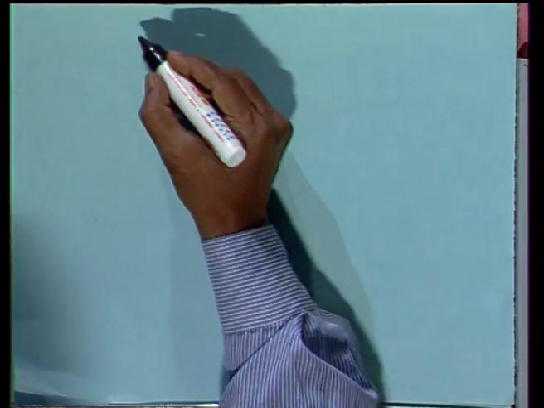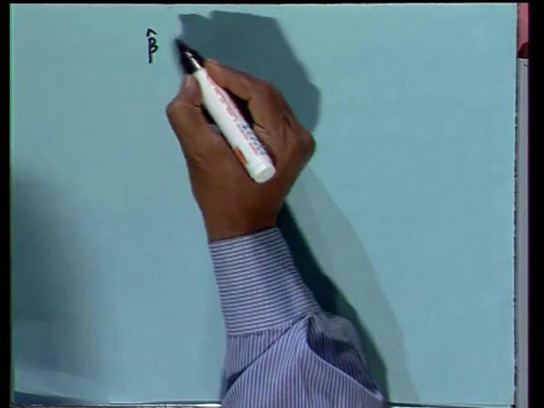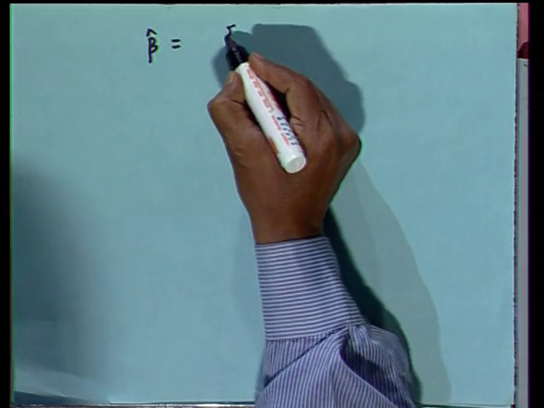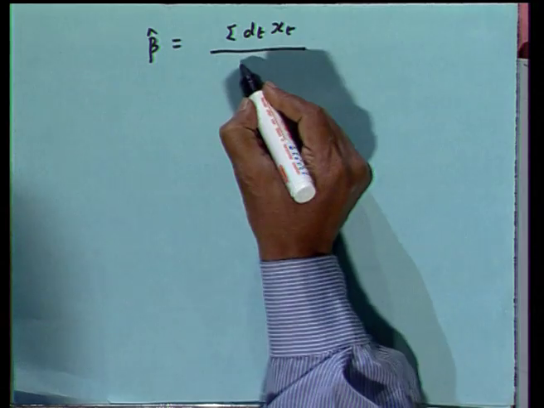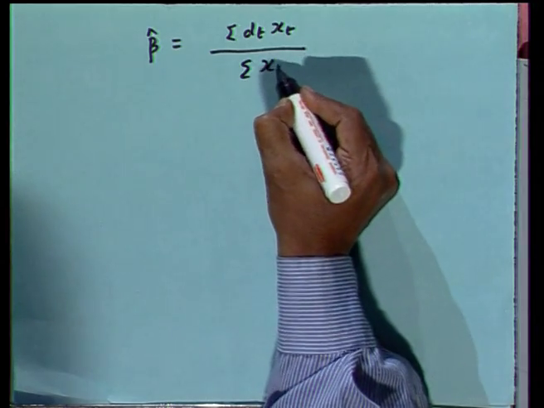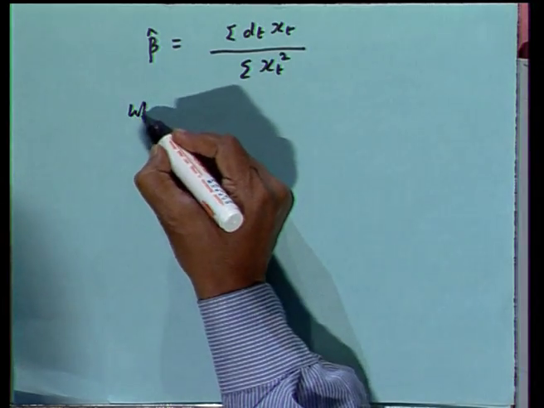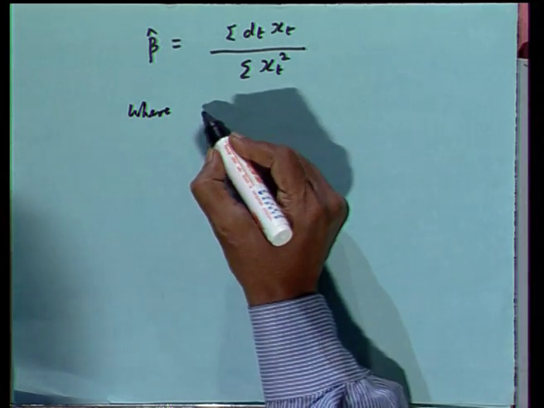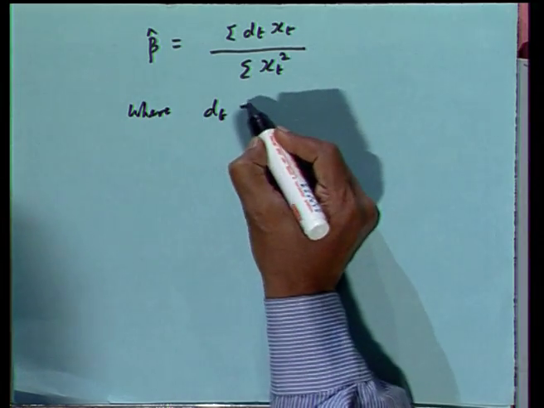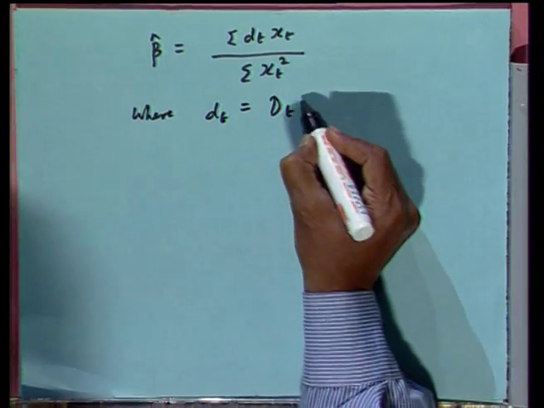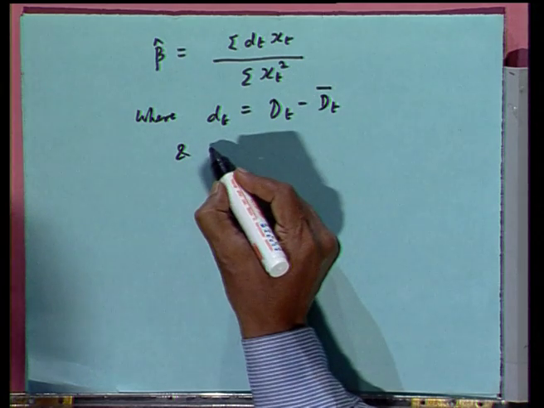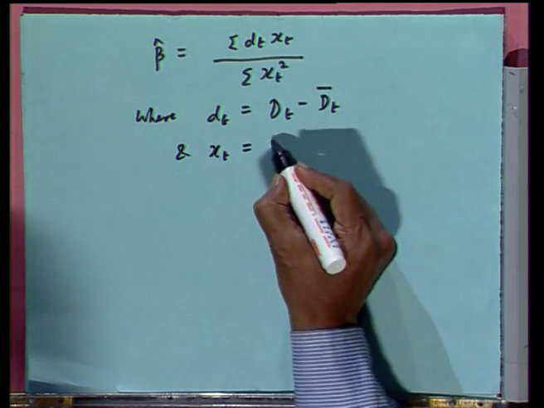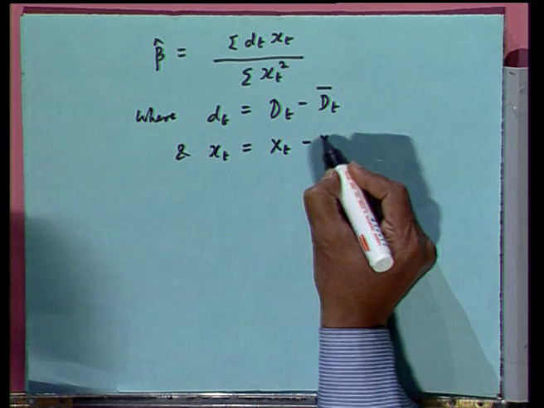Now, the value of beta hat is given by sigma dt xt by sigma xt square, where small dt is nothing but dt minus dt bar and small xt is nothing but capital XT minus XT bar.